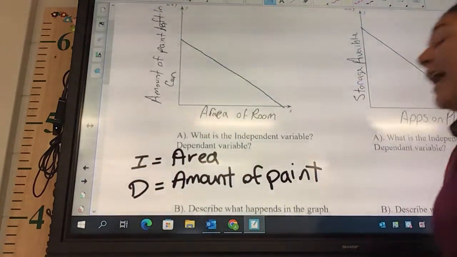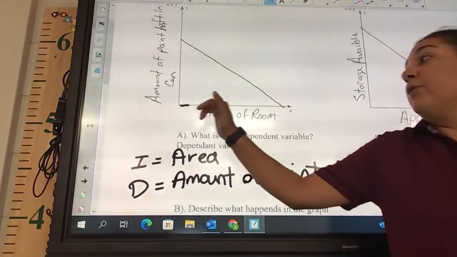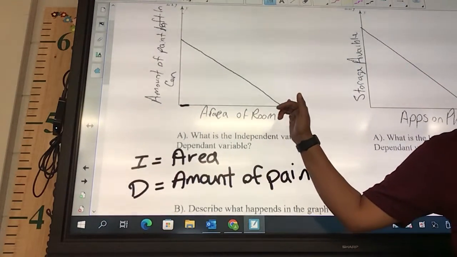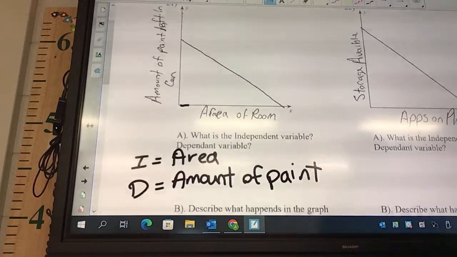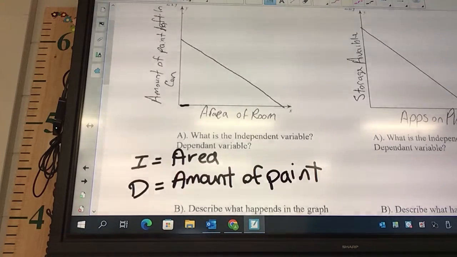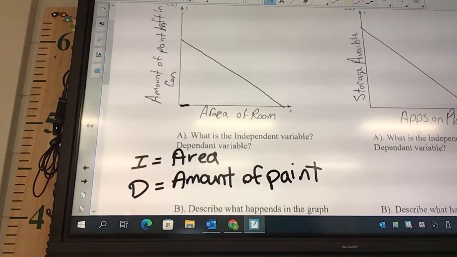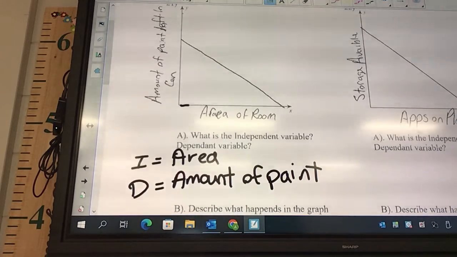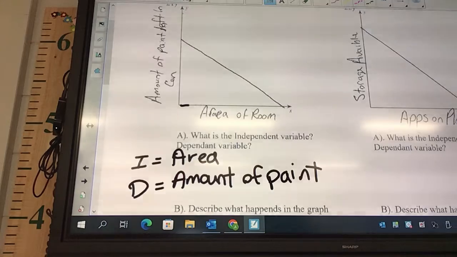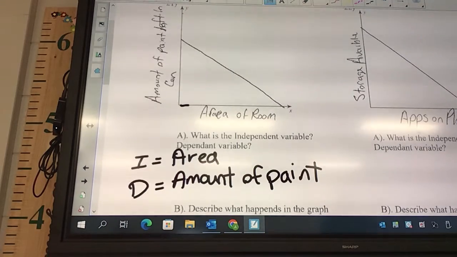So as the area of our room increases, what's happening to the amount of paint I have in a single can? It goes down. And that does make sense. If I have a bigger room, I might start off with a full can of paint, but the more I paint, I have less paint in the can.